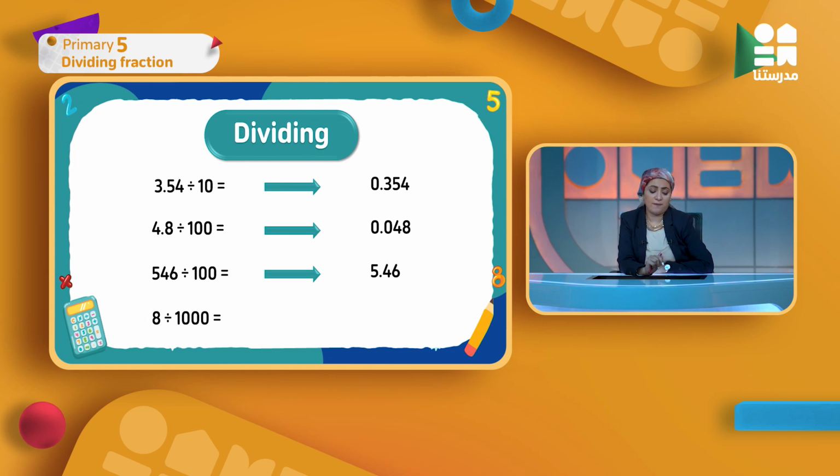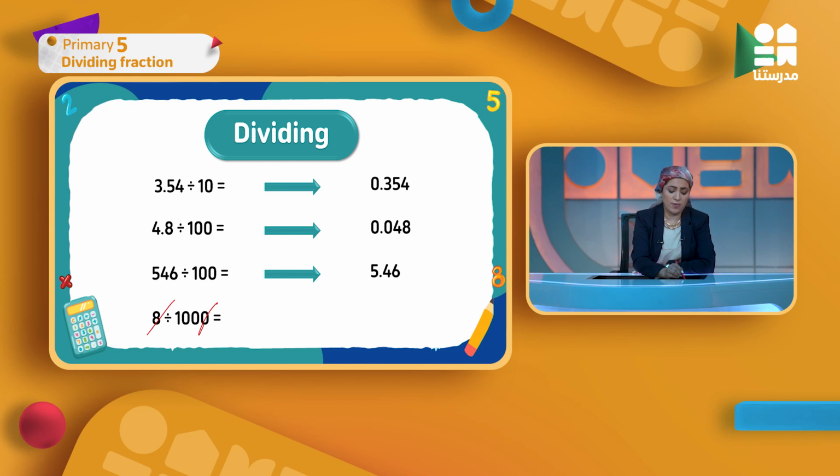Another example, 8 divided by 1000. The same idea. Here I have 3 zeros, then I have 3 places, and I move to the left. I have only 8. Then I start to count from the 8. So, as you see here, 8 with a 0. Then I have 2 zeros.